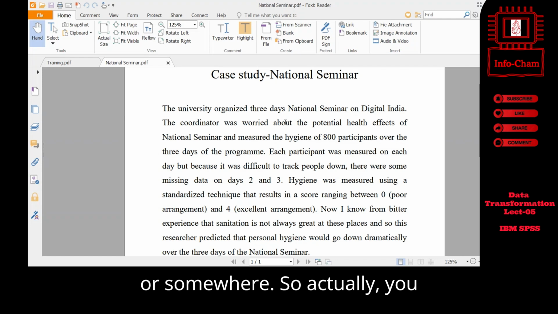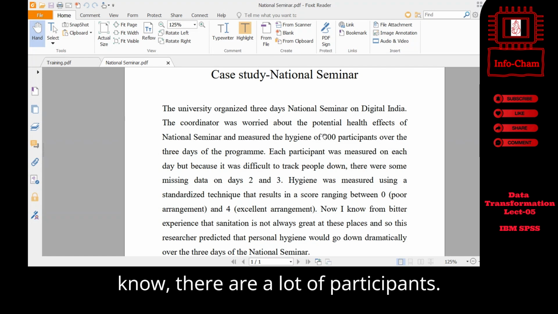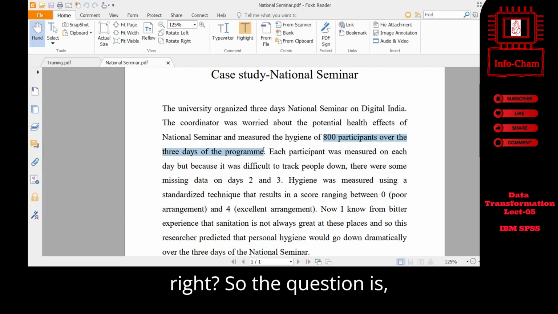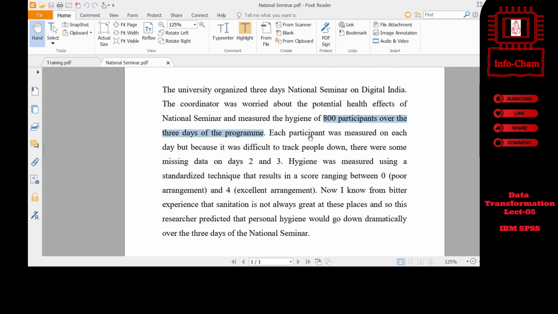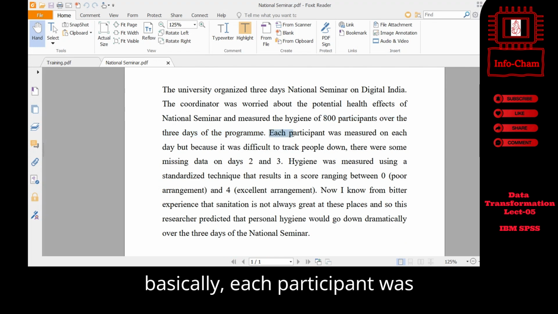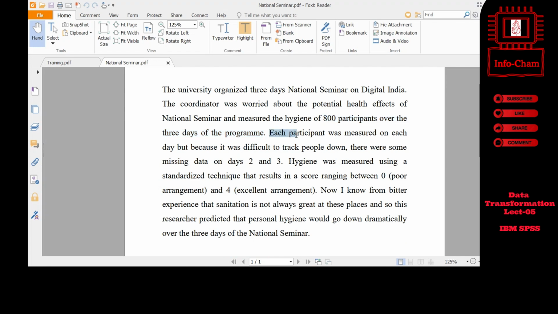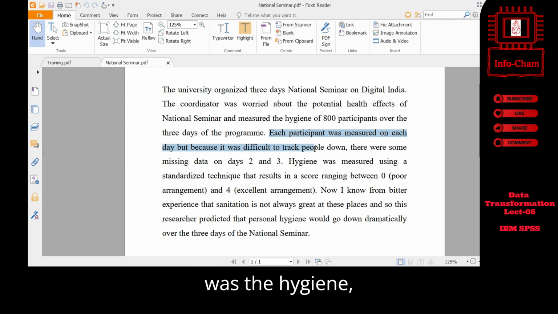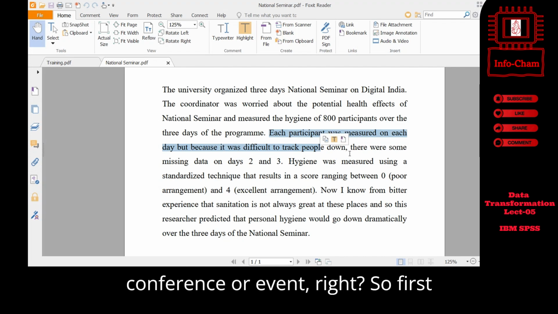There were a lot of participants, around 800 took part. Each participant was asked about the hygienic status in that conference or event.